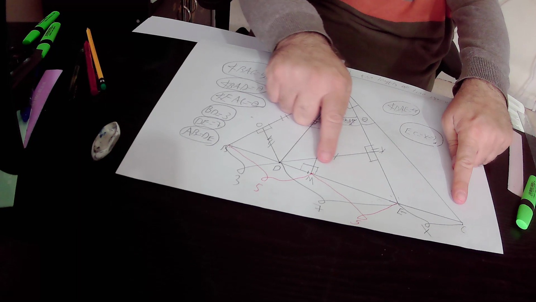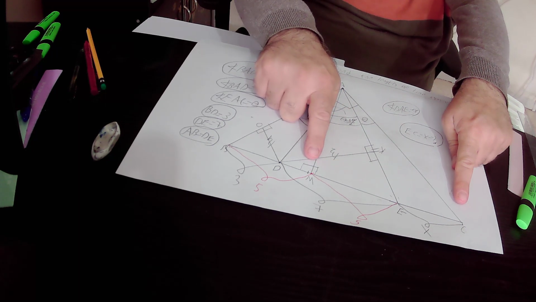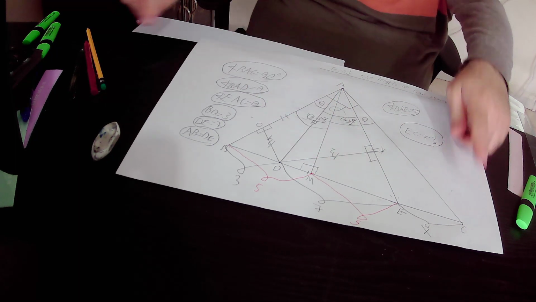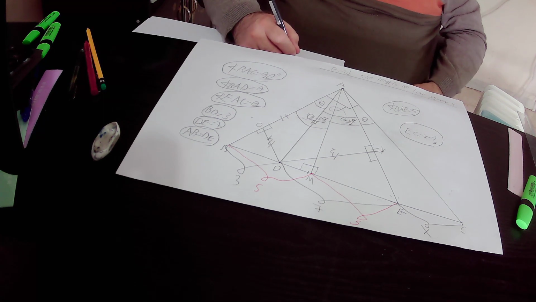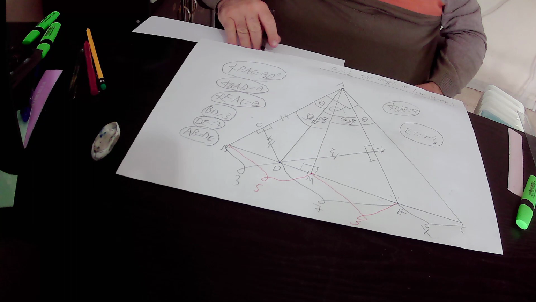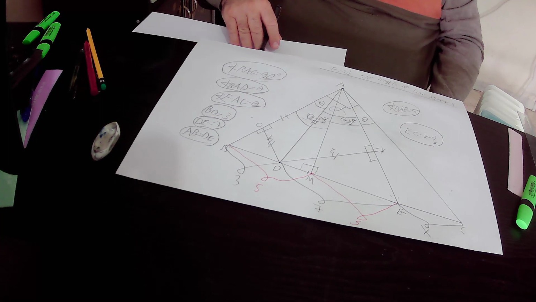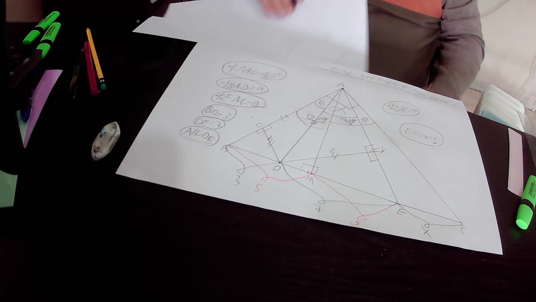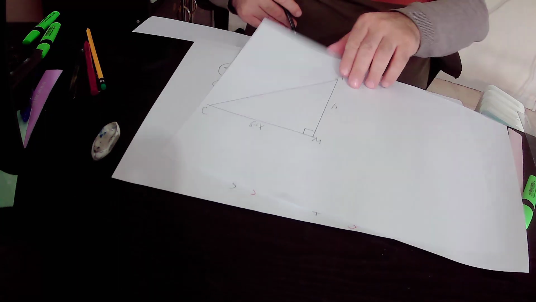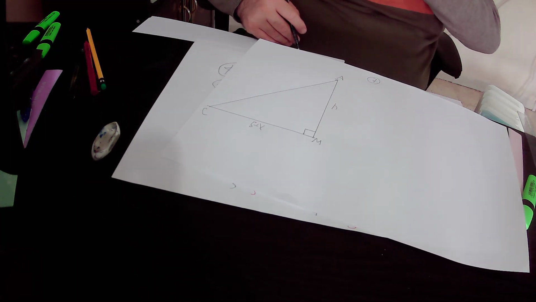So in conclusion, MC equals 5 plus x. So this is the right triangle, triangle AMC.